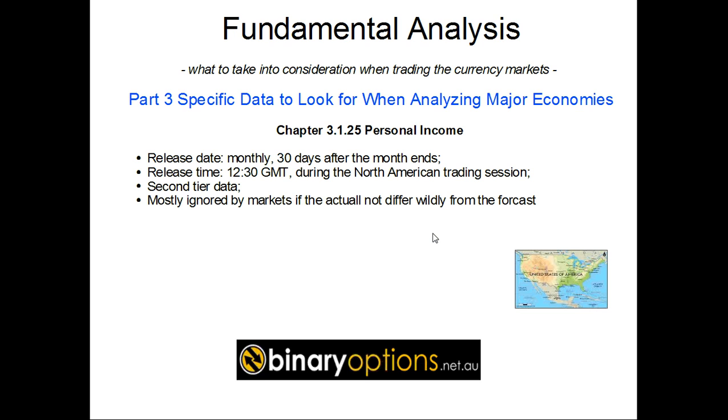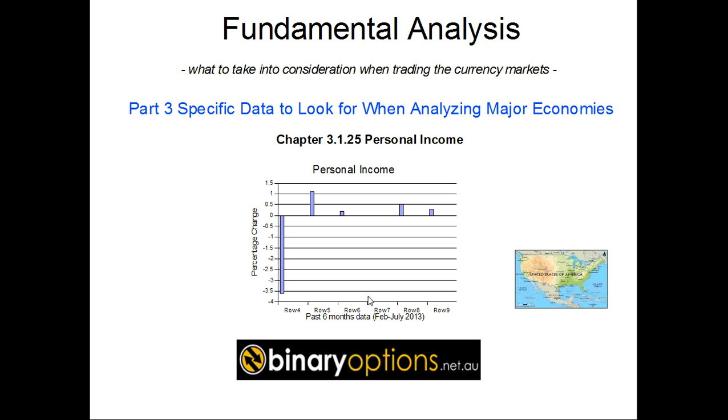It is mostly ignored by markets if the actual does not differ widely from the forecast, and also it is being, let's say, ignored because it is being released on the same day with other important economic indicators. So traders tend to not pay attention to this one, but it should come on the top of the list.